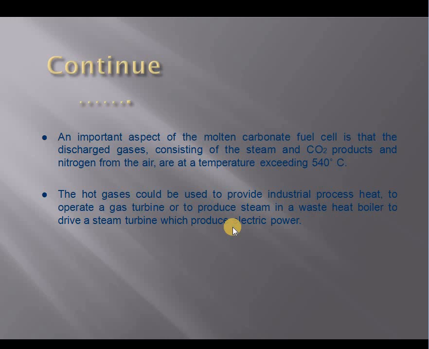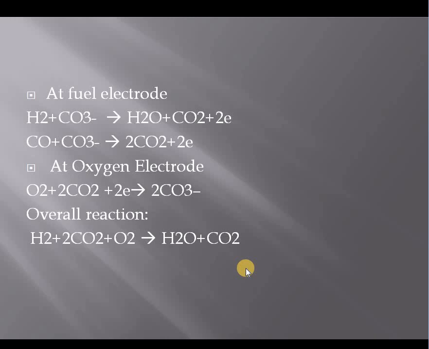The important aspect of this cell is that the discharged gases consist of steam, carbon dioxide and nitrogen from the air at a temperature of 540 degrees Celsius, and the hot gases could be used for industrial process heat. They can also be used in gas turbines and to produce steam in waste heat boilers to drive steam turbines.